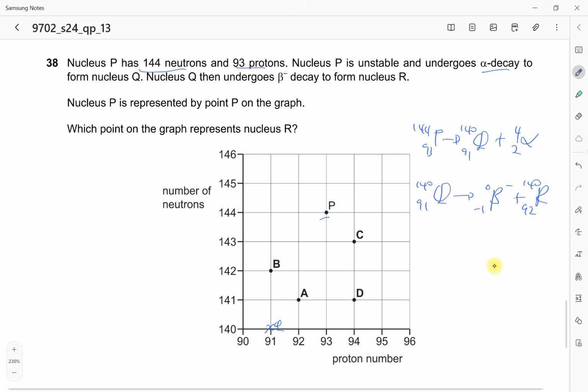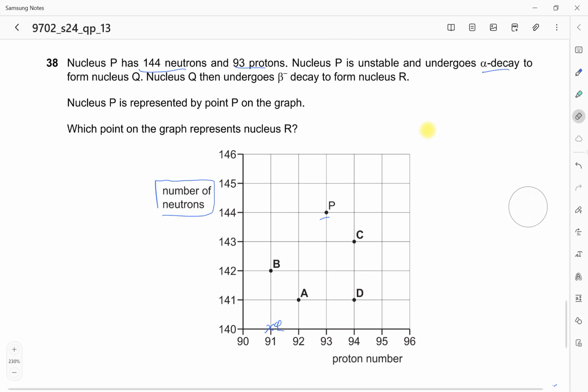Which point on the graph represents, wait a minute. I think what is given here is number of neutrons, not nucleon number. Sorry. So I have to change this. That's why the Cambridge examiner is very intelligent. What is given is number of neutrons, not number of nucleons.